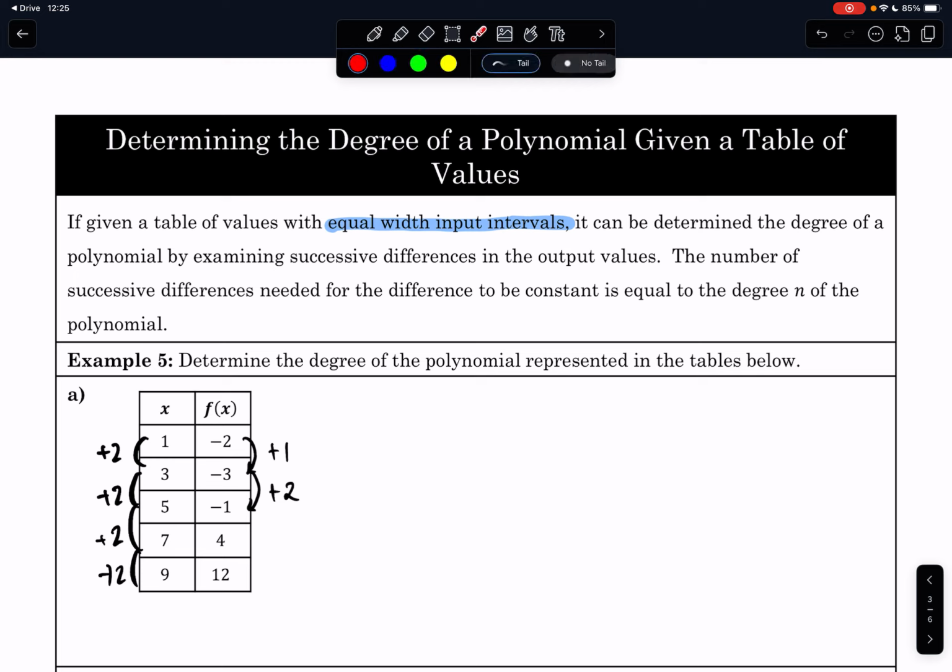To figure out the difference from negative 1 to 4, I'm going to subtract, again, 4 minus negative 1, which is plus 5. And here the same thing. To get the difference from 4 to 12, I'm going to subtract in the opposite order of my arrows. So 12 minus 4, which is 8.